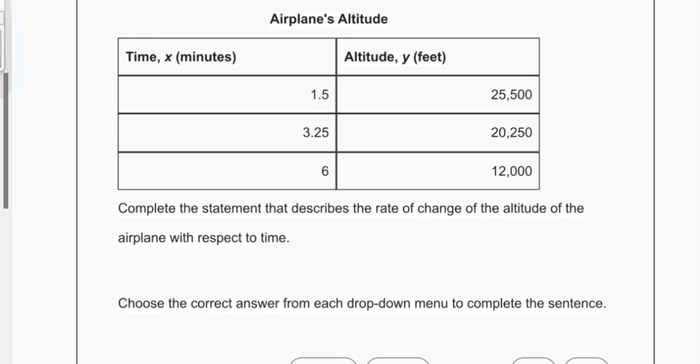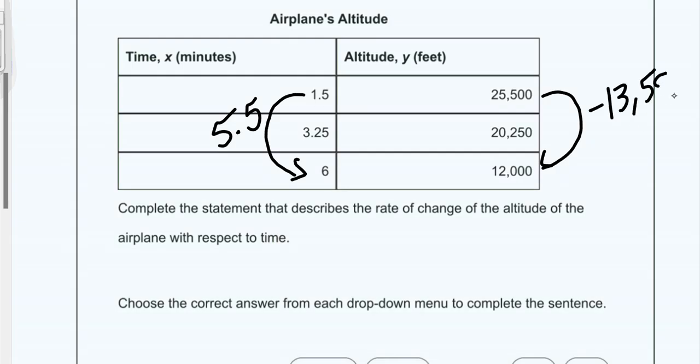Okay, so remember we can choose any points to find my rate of change, just like slope. So I'm actually going to skip and go from 1.5 to 6. So I can see that I increased by 4.5 here. And then from 25,000 to 500, I decreased by 13,500.